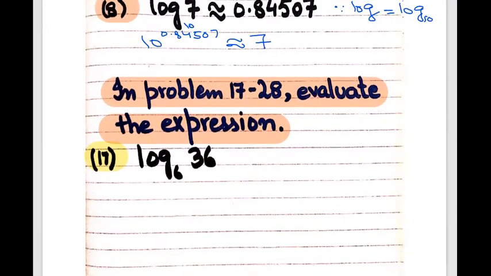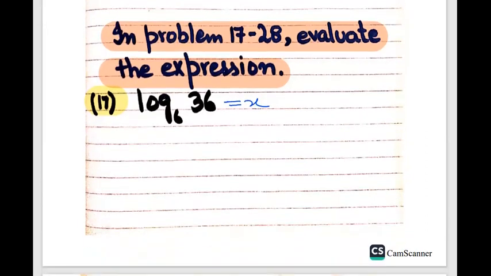Now the next question is in problems 17 to 28, evaluate the expression. We have to evaluate the value of this expression. Let's suppose this is x and we calculate this x. In order to calculate this x, we'll convert this equation into exponential form, which is base, the solution becomes the power, and this will be equal to 36.